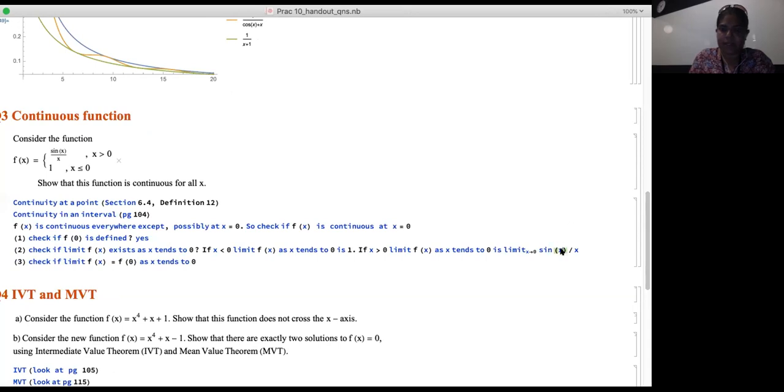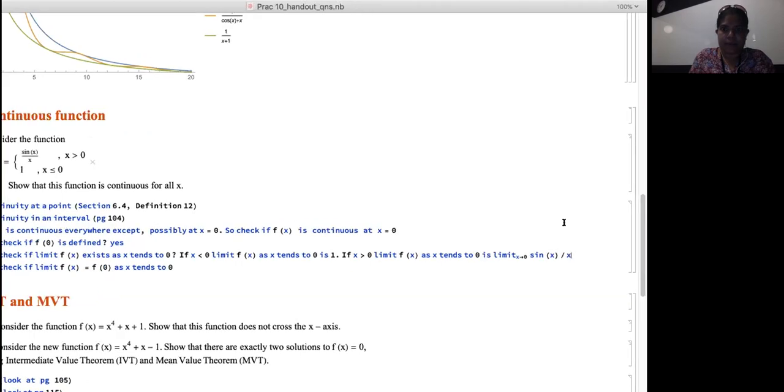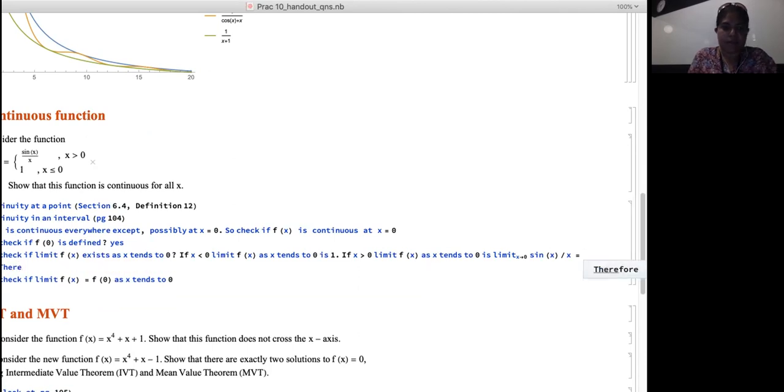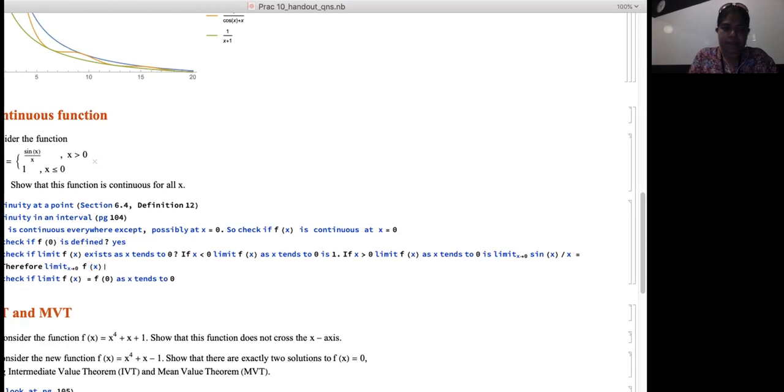What is the limit of sine x over x? 1. Yep, it is also given in your lecture notes. Therefore the limit exists.